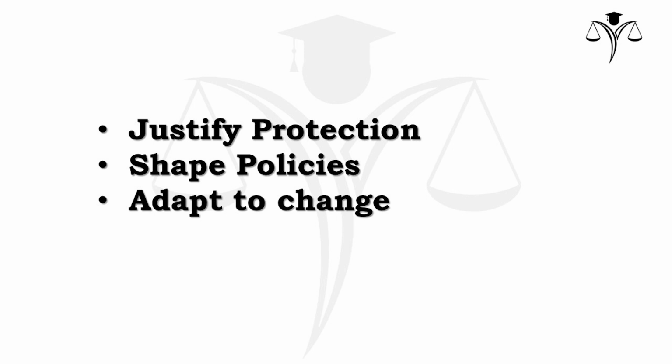These theories emphasize the justification for protection. Regarding shaping policies, labor theory and personality theory will be discussed. And in case of adapting to change, social planning theory and Schumpeter theory will be there. Under these 3 headings we can entirely conclude this video.